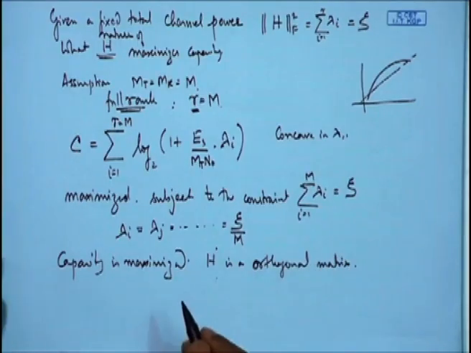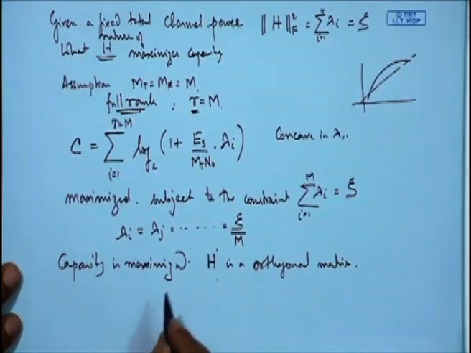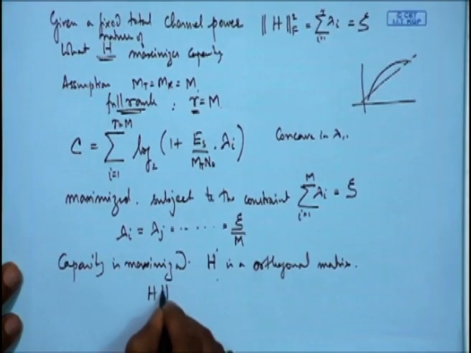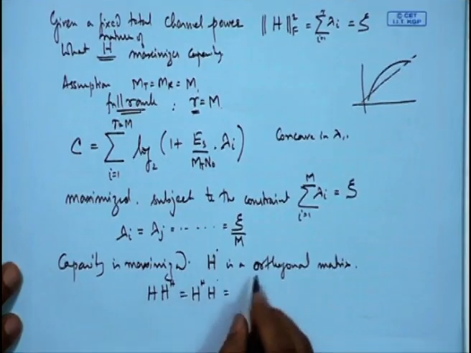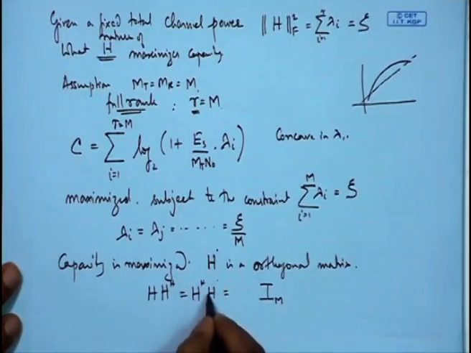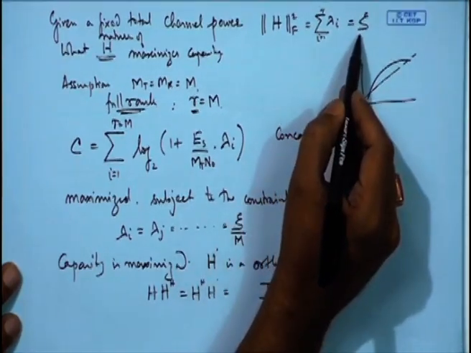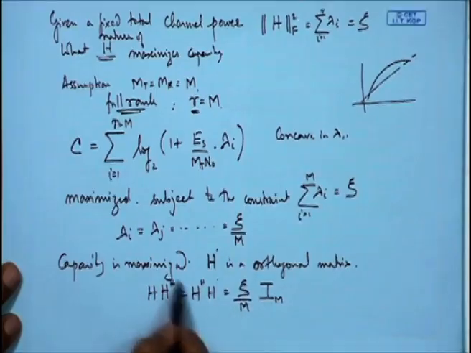We will show in very quick steps why H orthogonal should lead to all of this, because if H is orthogonal, H Hermitian H should be equal to an identity matrix. So I have I of M, but since there is a certain amount of power associated with it, given by this particular expression, we are going to have some coefficient outside it, because if you take the trace of this H Hermitian H, it is the sum of the eigenvalues.